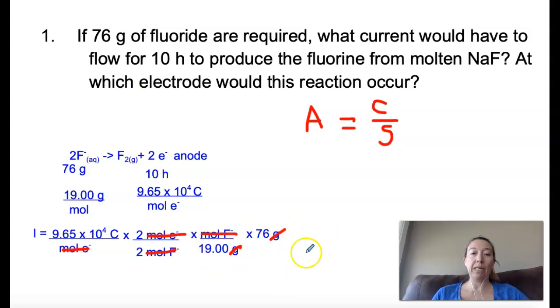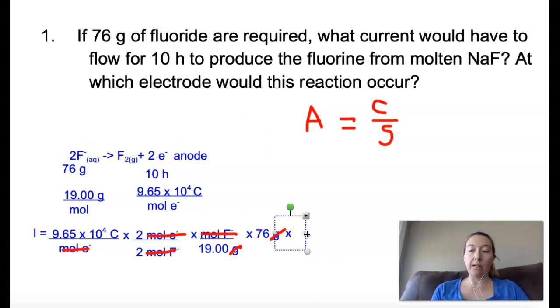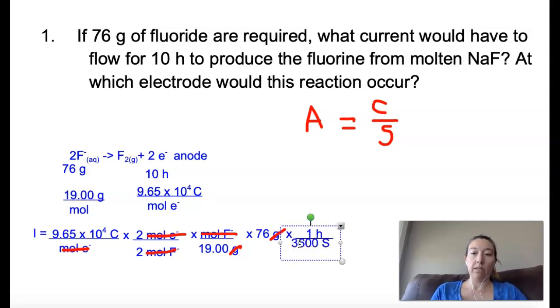Next thing we need to do is place the seconds. Again, I have been given time in hours, so I'm going to throw in that conversion factor. I'm going to put 1 hour on the top because I know that I have to put the seconds on the bottom so that the seconds is where it needs to be according to what we have said that unit is, right?